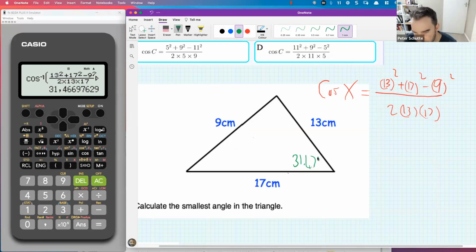Now, because I have faith in you and my confidence is growing with every passing lesson, I want you to now find me the biggest angle in the triangle. I'm going to call it angle Y. Can you find me the biggest angle in this triangle?